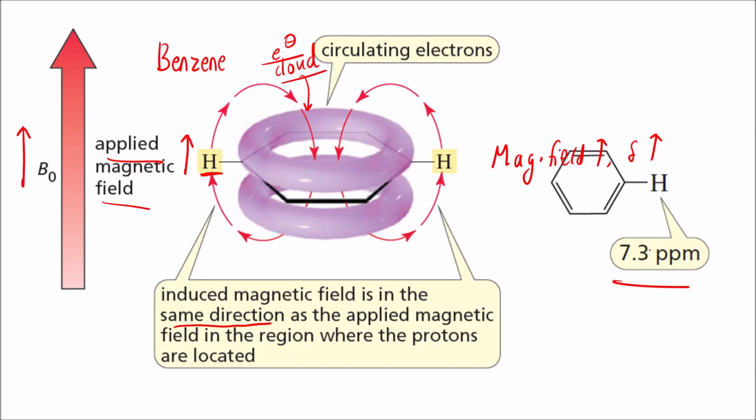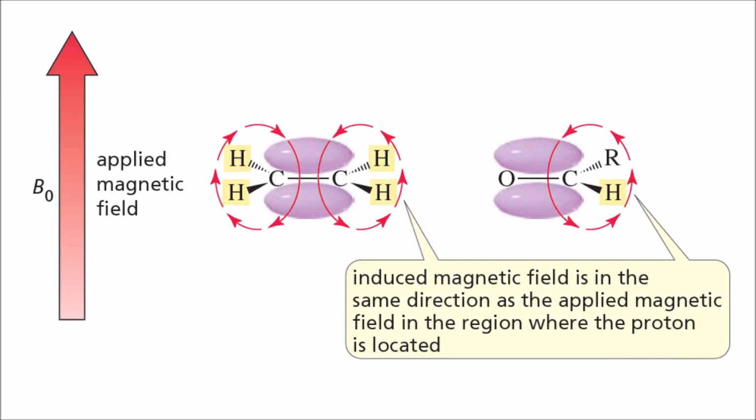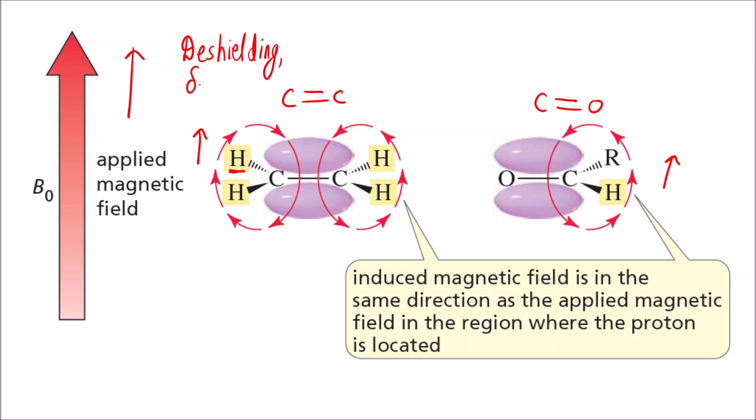Similarly, for alkene, that is a carbon-carbon double bond, and for ketone, in both cases the direction of the induced magnetic field is the same as that of the applied magnetic field. So the proton experiences a greater magnetic field, that is, de-shielding takes place and the chemical shift value is higher.